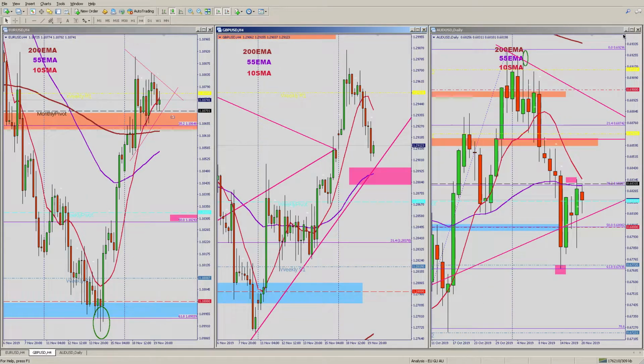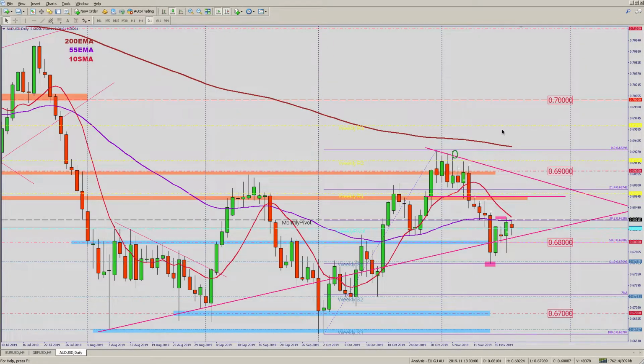Alright, let's move on to the Aussie dollar. The Aussie dollar was retracing lower at the start of the week, but then managed to find support with a higher low and bounce back up to hit the monthly pivot again, right next to the daily 55 EMA, as well as the 38 FIB retracement level.